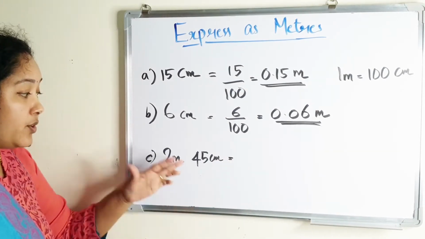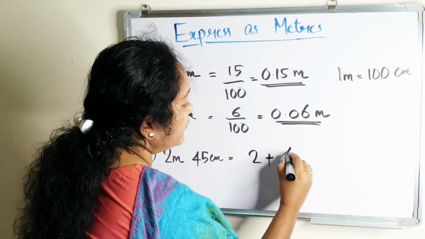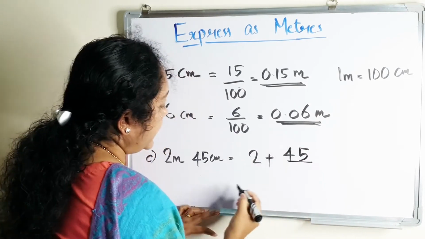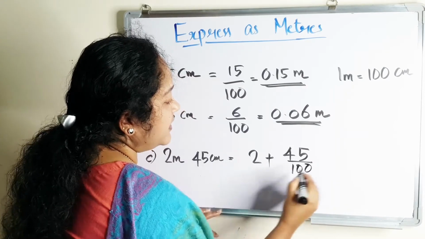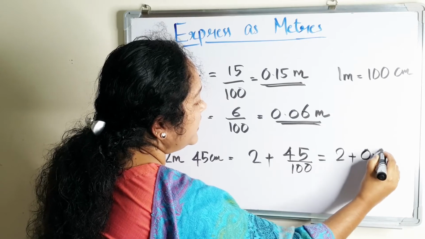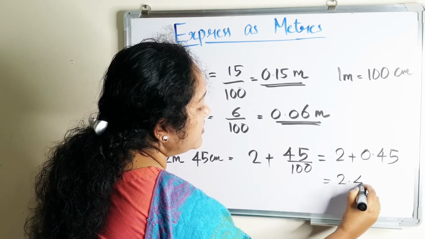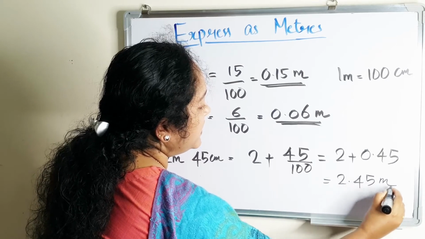Here the question already has meter. So 2 plus 45 by 100. That is equal to 2 plus 0.45, which is equal to 2.45 meter.